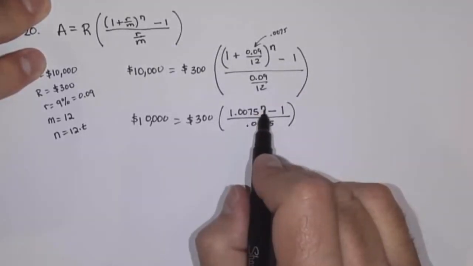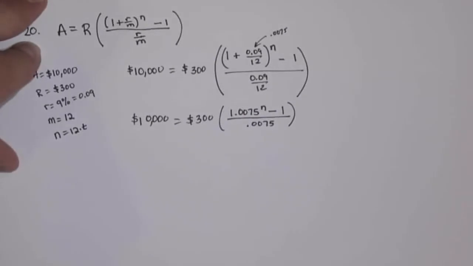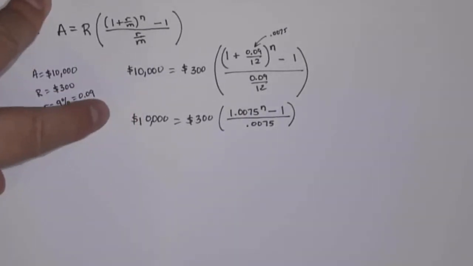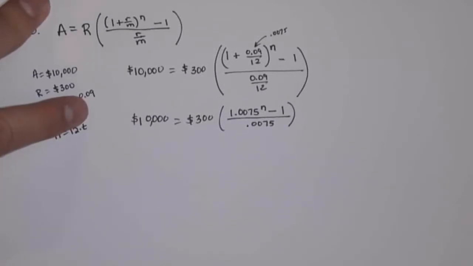I'm wanting to find n so that I know how long it's going to take to get this $10,000 accumulated. So how do I go about solving that?